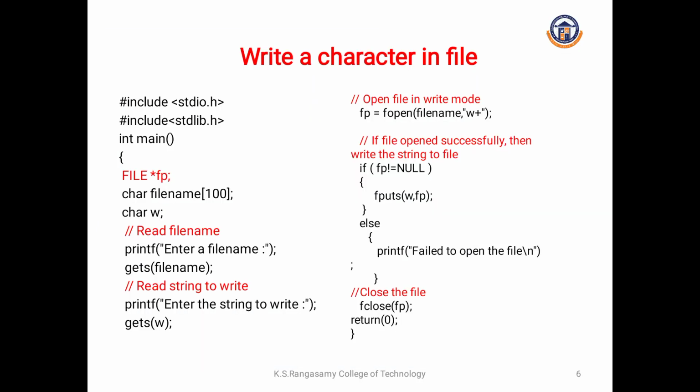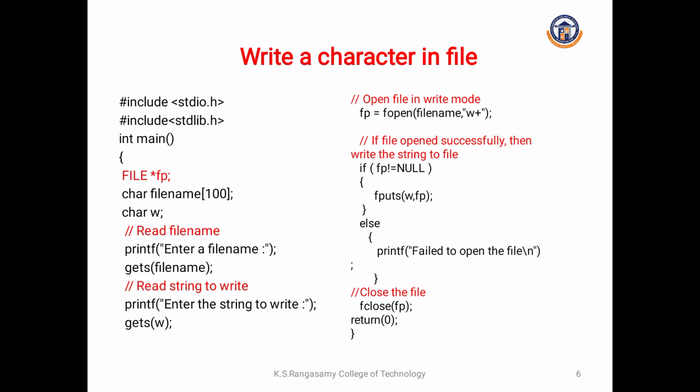Okay, next. This is the program to write a character in a file. As usual, we include stdio.h for standard input and output operations, and stdlib.h for file operations, and then int main. So FILE star fp, a pointer for the file.